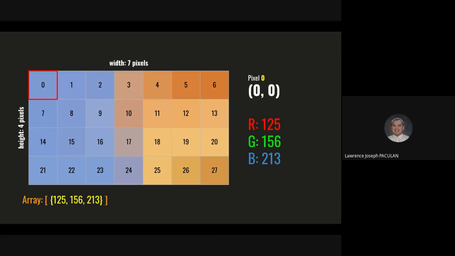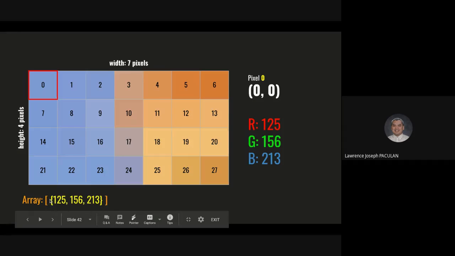Okay, so what we want is to store these three pieces of information: the first one for the red, the second one for the green, and the third one for the blue, in an array. You'll see this one: 125, 156, and 213.